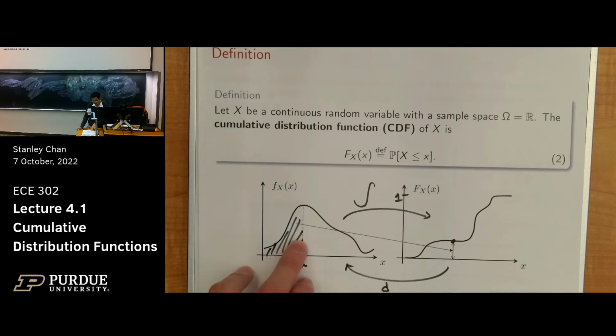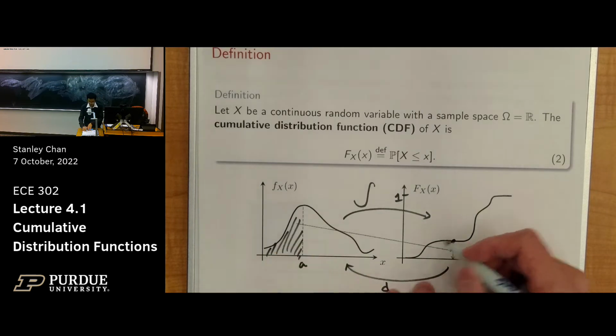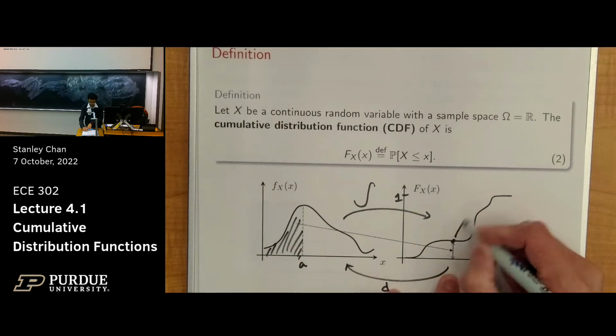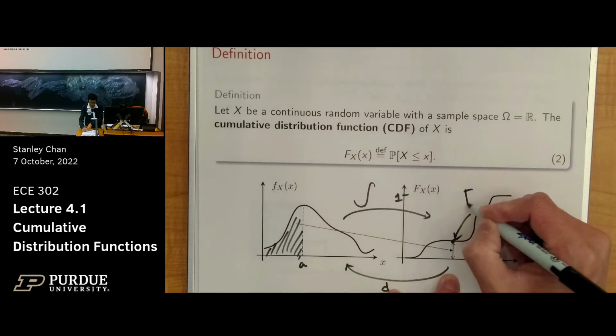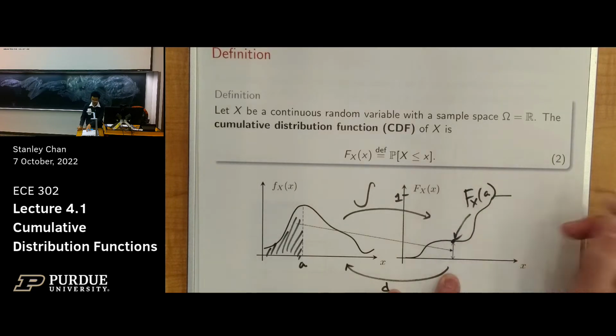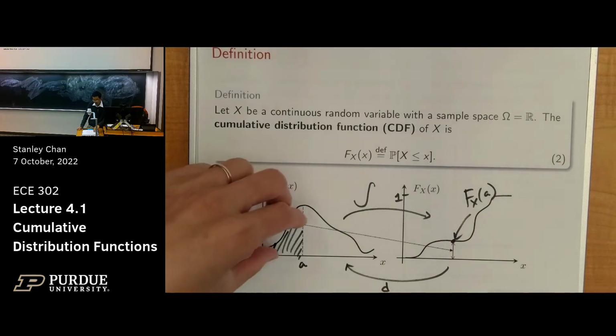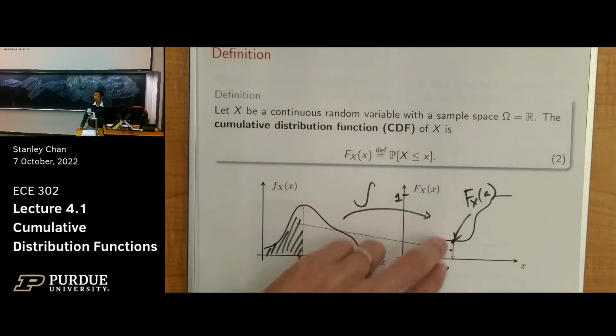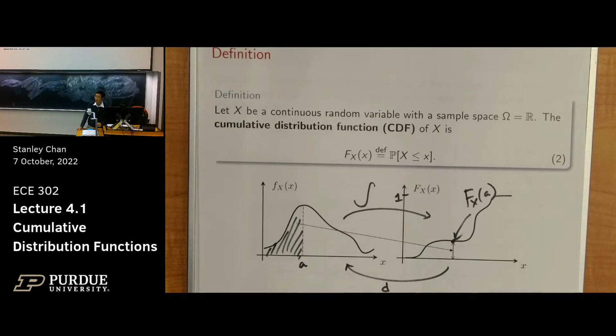When you integrate up to this point A, correspondingly the height here will be F_X evaluated at A, where this is a big F, meaning it is a CDF. So how much area translates to how tall this point is in the CDF.